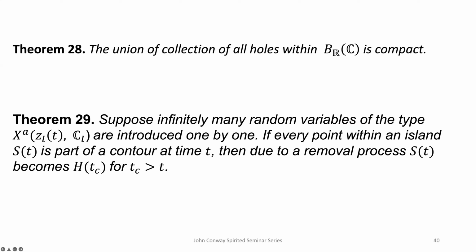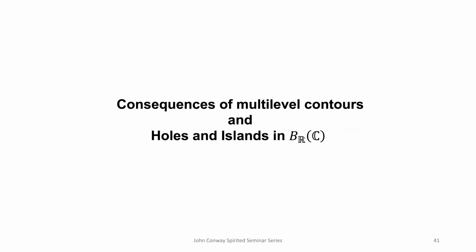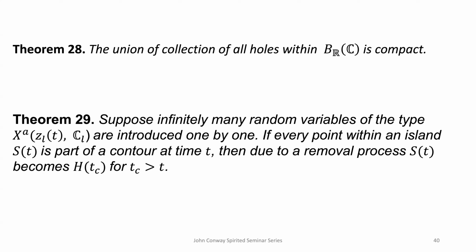If every point within an island is part of a contour, then due to the removal process, it becomes a hole. As I explained, the removal of one contour could make islands for other contours due to the intersection of the other contours, and the space in between forms an island.